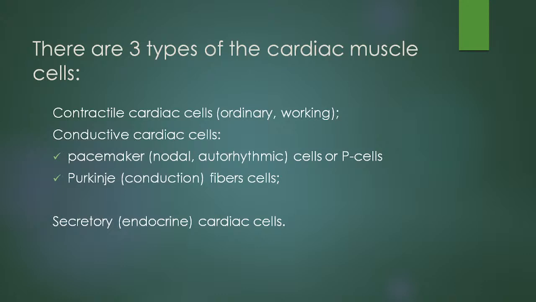In their sarcoplasm, near the poles of the nucleus, there are granules containing hormones: atrial natriuretic factor, auriculin, and arteriopeptin.